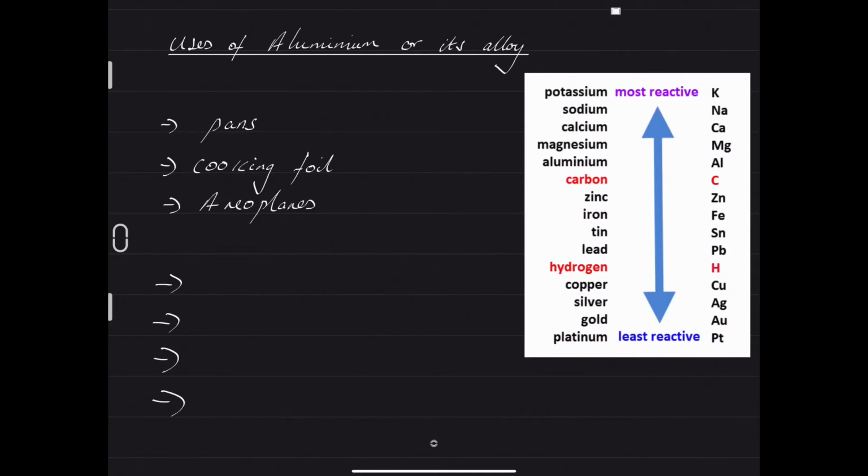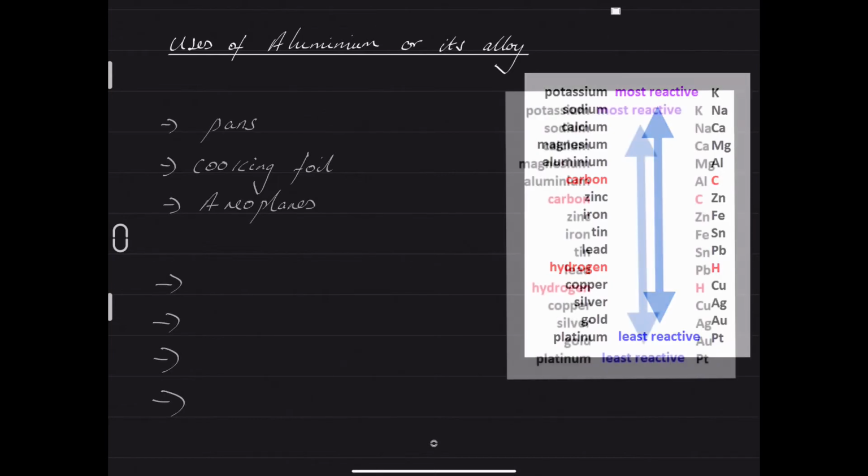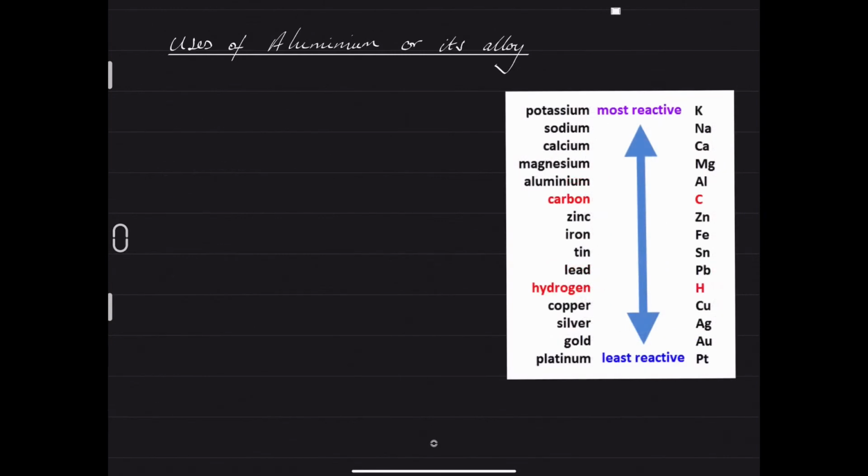But in addition, I want an explanation as to why we are using aluminium in cooking pans and cooking foil. If you haven't managed to think of any uses, keep thinking, and when they come to you, hopefully before the end of the video, you should be able to get a few down and get an answer back to me.